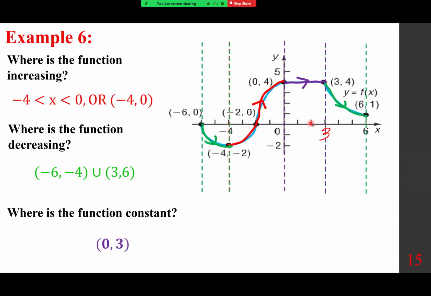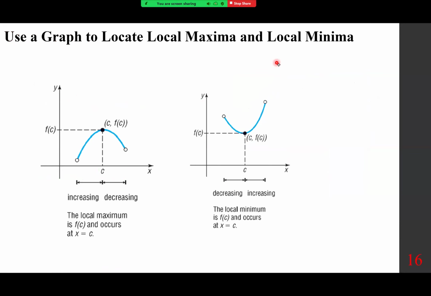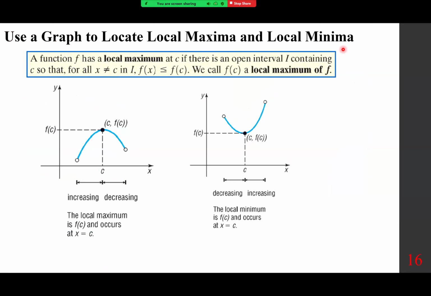Use a graph to locate local maxima and local minima. Maxima is the plural of maximum. Minima is the plural of minimum. A function f has a local maximum at C if there is an open interval I containing C, so that for all x not equal to C in the interval, f of x is less than or equal to f of C. We call f of C a local maximum of f.